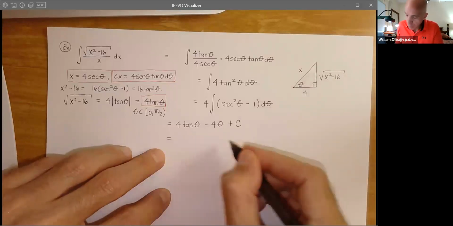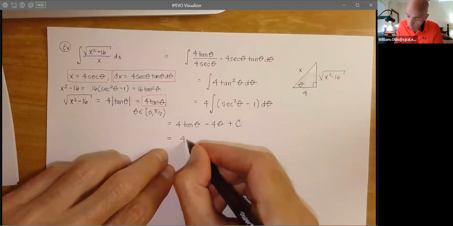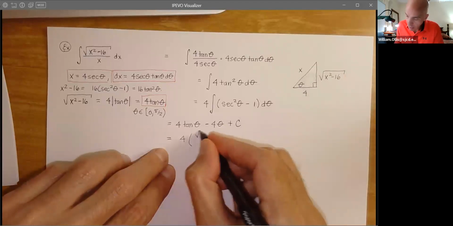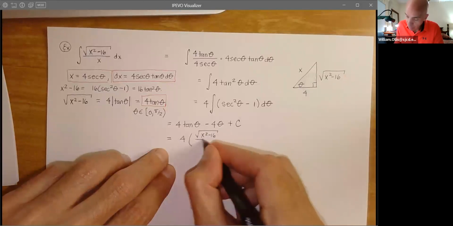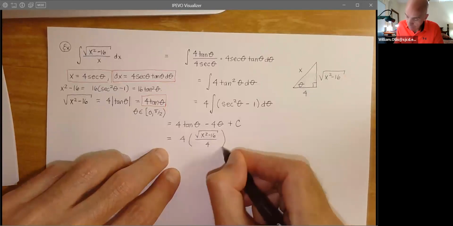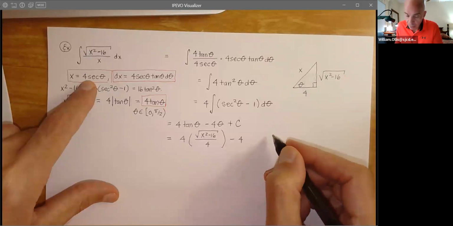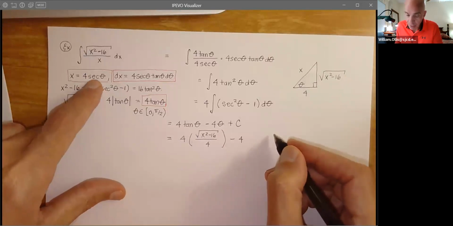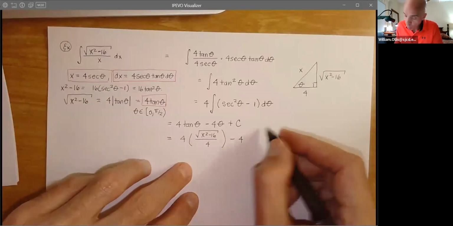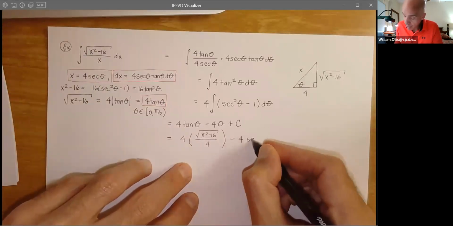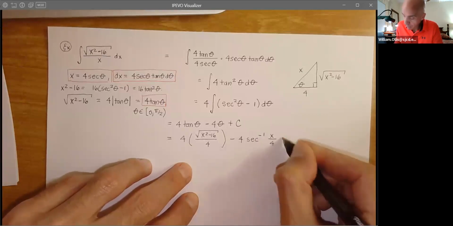So now we can just fill in tangent theta is opposite over adjacent. So this is 4 times x squared minus 16 divided by 4 minus 4. And then, of course, now we've got the inverse secant, or theta is just the inverse secant of x over 4 like we did before. So this is 4 times inverse secant of x over 4 plus a constant.